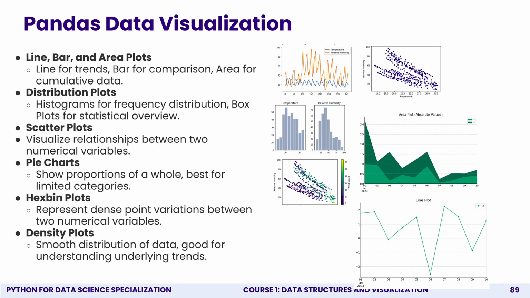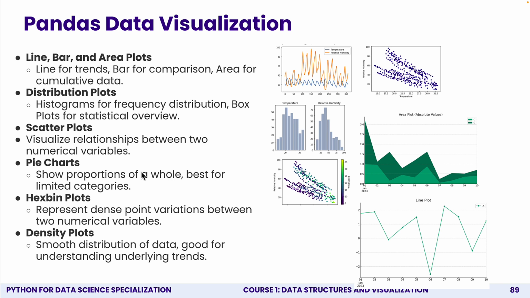Okay, so as already mentioned, pandas has built-in plotting and visualization functionalities, which are also based on the matplotlib library in the background, which we are going to talk about in the next lectures. So we can have line, bar, and area plots. I'm going to show you these different types of plots. Distribution plots, like for example histograms and box plots.